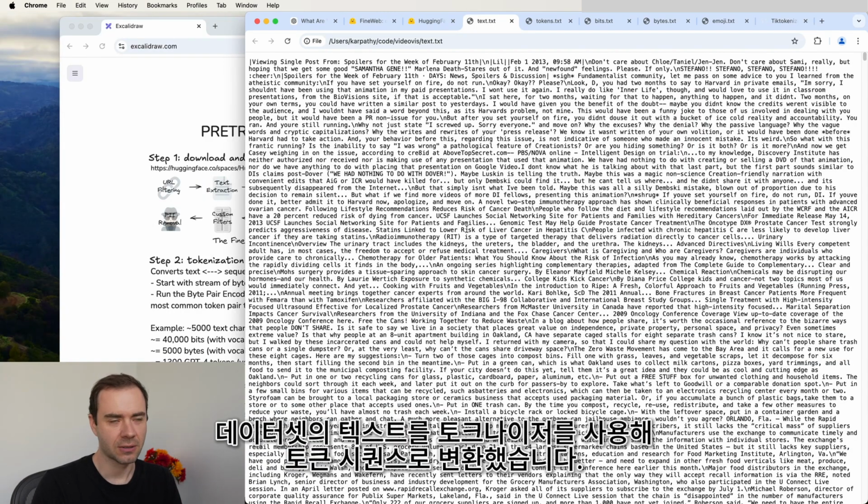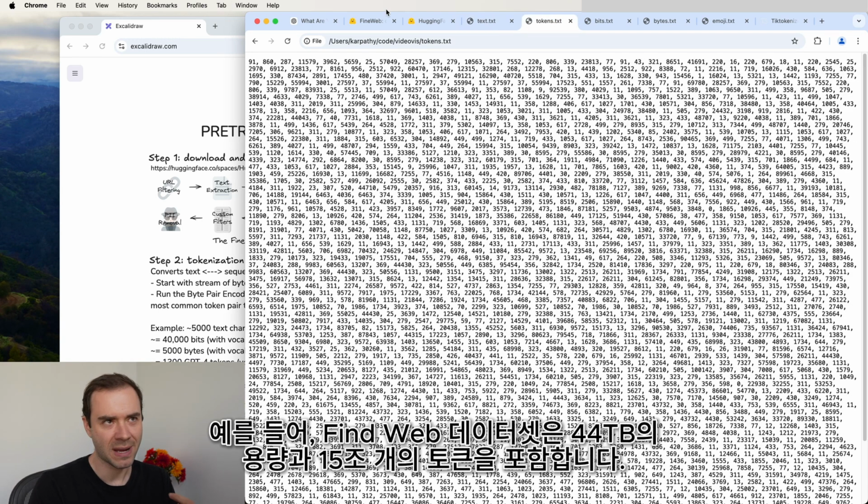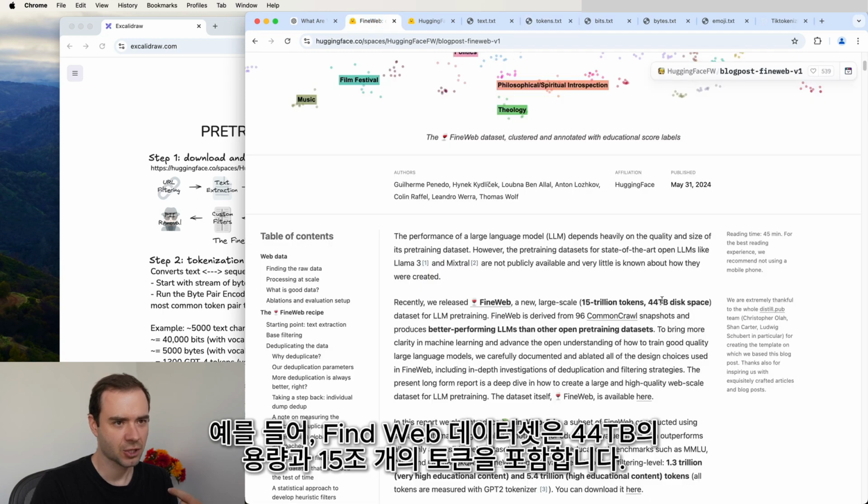Okay, so what I've done now is I've taken this sequence of text that we have here in the dataset, and I have re-represented it using our tokenizer into a sequence of tokens. And this is what that looks like now. So for example, when we go back to the FineWeb dataset, they mentioned that not only is this 44 terabytes of disk space, but this is about a 15 trillion token sequence in this dataset.